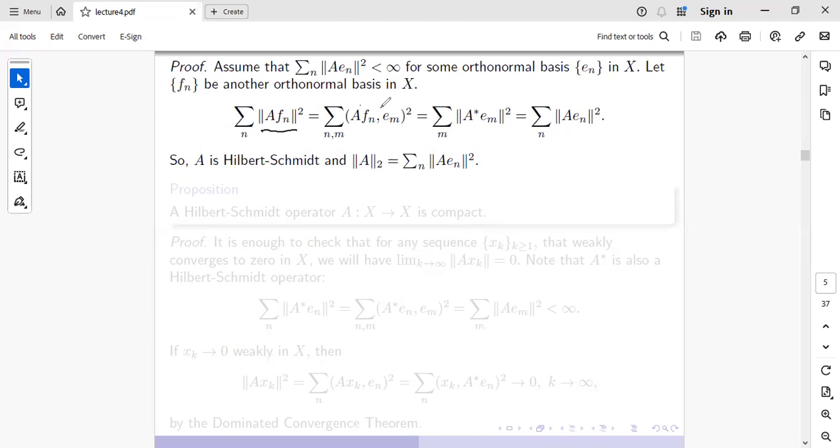And then we can put A on e_m and take the sum in n. In this way, we will get the sum of A adjoint e_m squared. But if we start not from f_n, but from e_n, we will also get the same sum. So for any orthonormal basis, the sum of squares of A is the same.